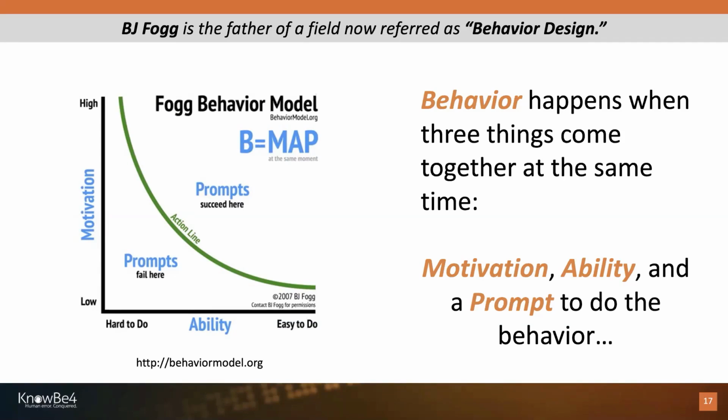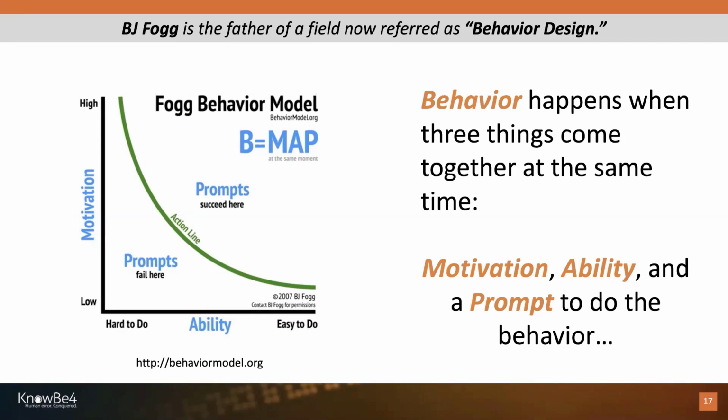And then ability, and things can range from being hard to do to easy to do. And then the last element is a prompt, something asking them to do the behavior. And prompts can be internal prompts like hunger or thirst, or just a general motivation, or external prompts like a billboard or product placement or an email or an app notification. So there's lots of different examples of all of these.